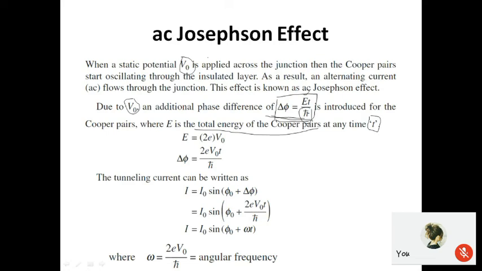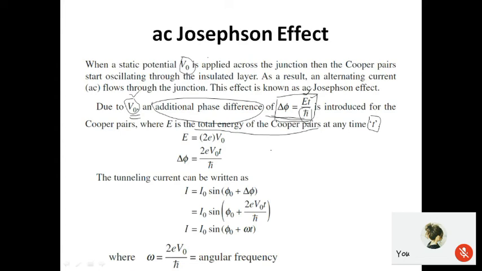So in total, the additional phase difference introduced by the voltage V0, which is applied across the junction or across the insulating layer, is given by delta phi equals Et by h cut, where E is the energy of the Cooper pair, t is the time at which we have applied the voltage V0, and h cut is a constant.